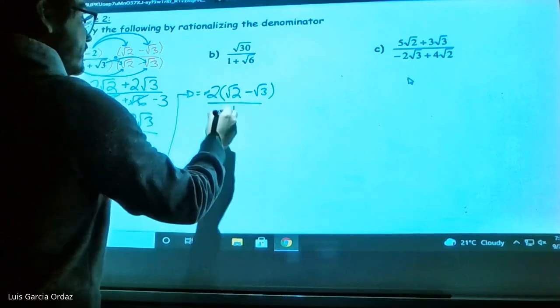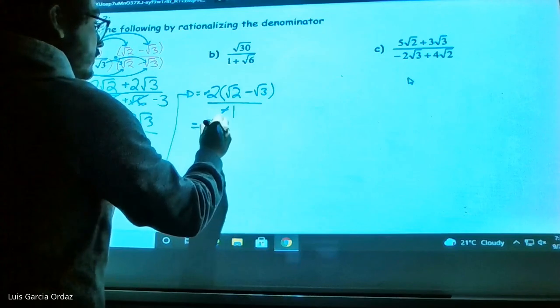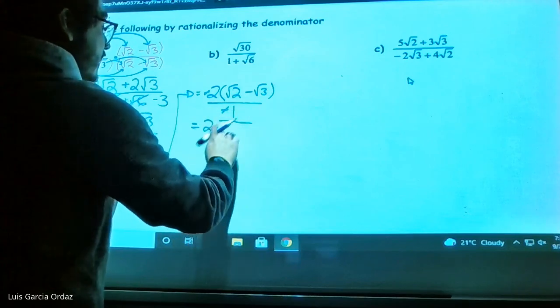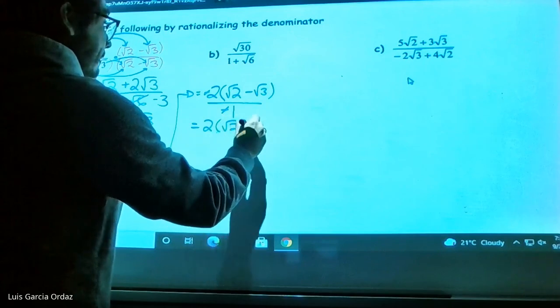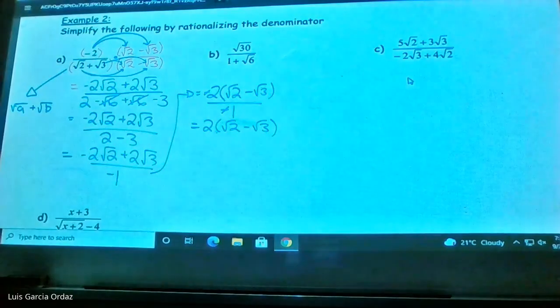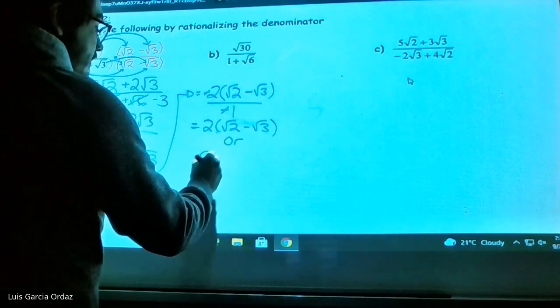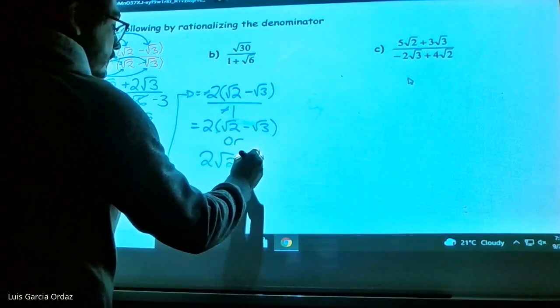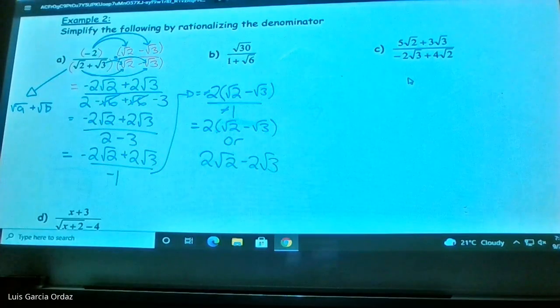The negatives cancel out. So we are just left with 2 times root 2 minus root 3. Or if you left it expanded, that's fine. Either answer works.